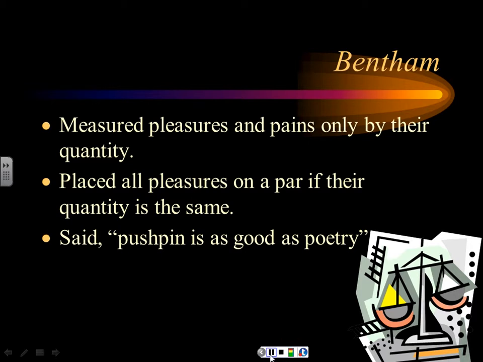The big word to remember: Bentham started out making utilitarianism a fairly simple system. He said the only thing we need to worry about when we're trying to measure happiness and pleasure, and pain on the other side, is how much of it there is, right? And so we choose the course of action that has the most happiness or the least amount of pain.